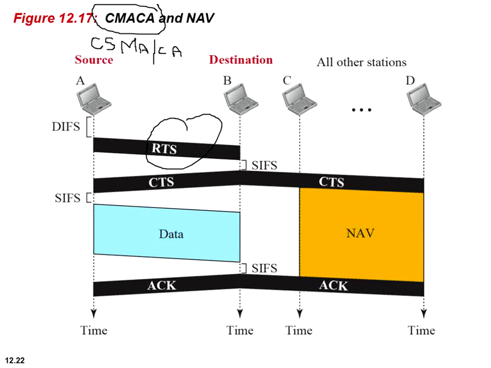So each time a station accesses the system and sends an RTS frame, other stations start their NAV. In other words, each station, before sensing the physical medium to see if it is idle, first checks its NAV to see if it has expired.